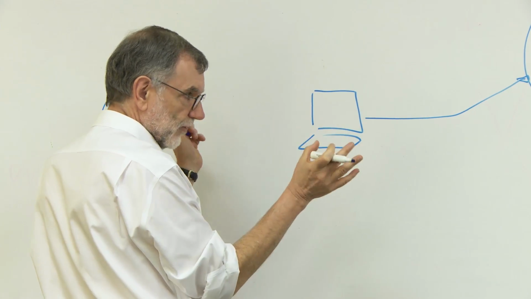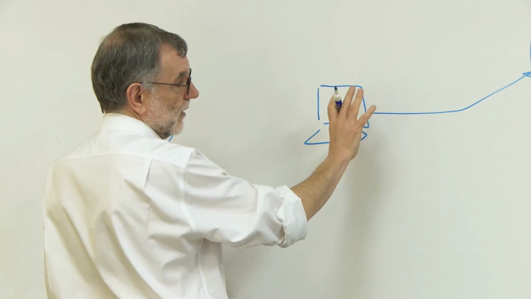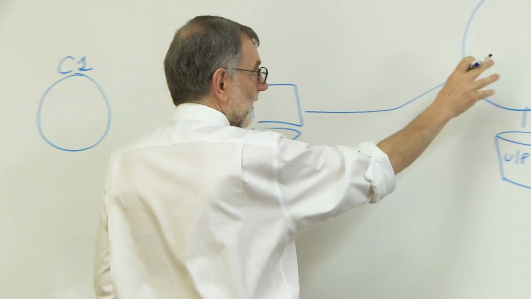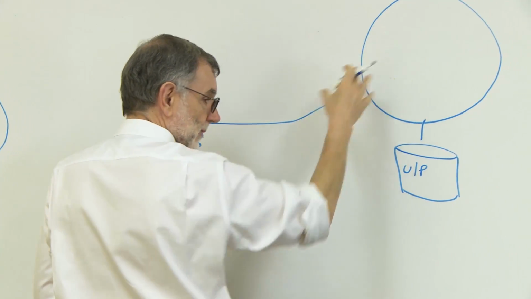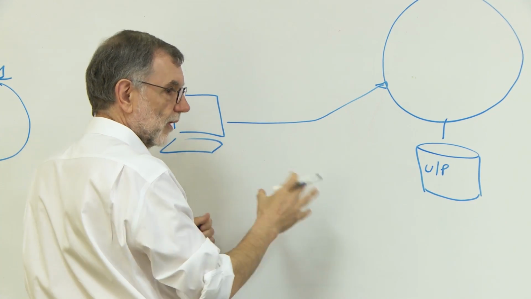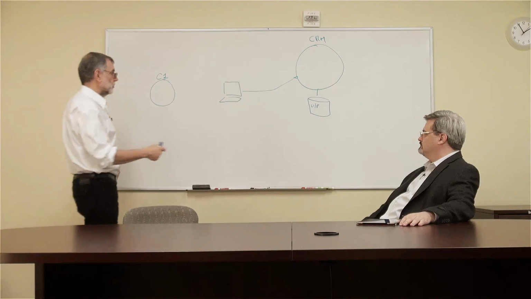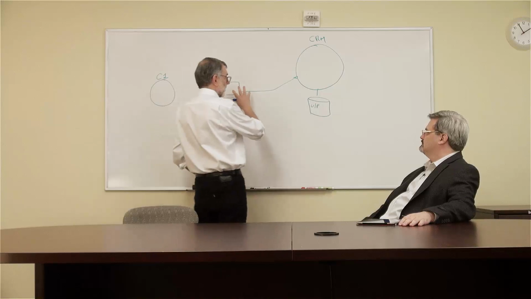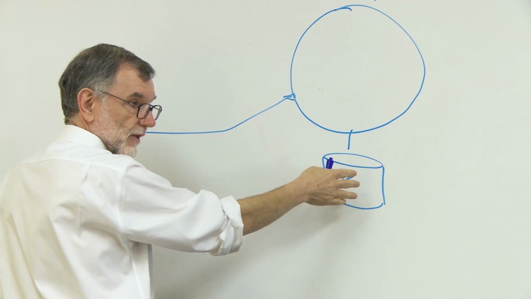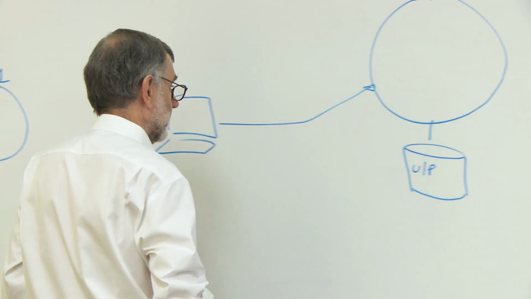It's a standard way you would do things, and in fact it doesn't differ that much from how an on-premise system would work. There's the additional complexity of the fact that this system has to divide itself up into pieces, but the authentication mechanism is just like it was an on-premise system. So when the user logs in, his user password is sent to this application, and the application verifies it against its own user password database.